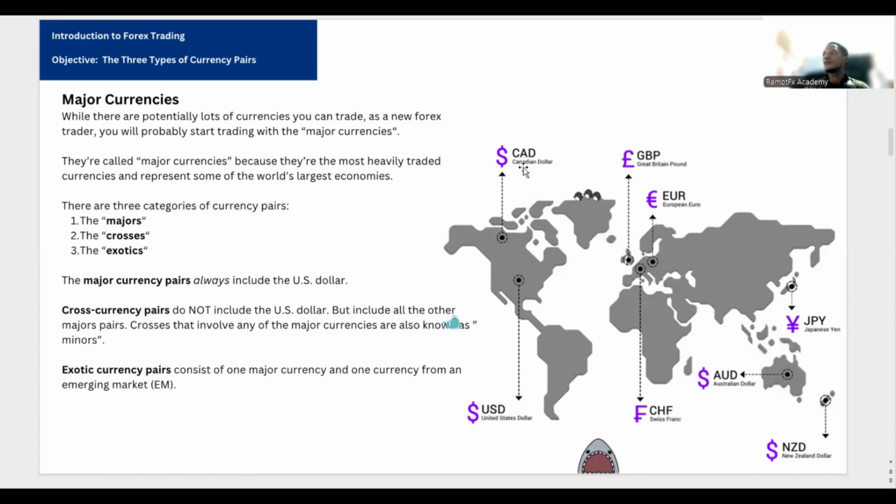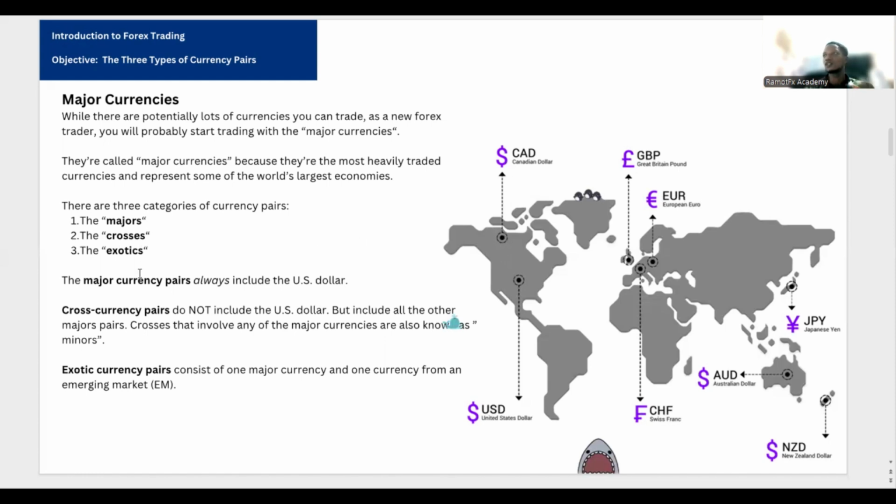These are the major currencies. We count them: 1, 2, 3, 4, 5, 6, 7, 8. There are 8 in number.